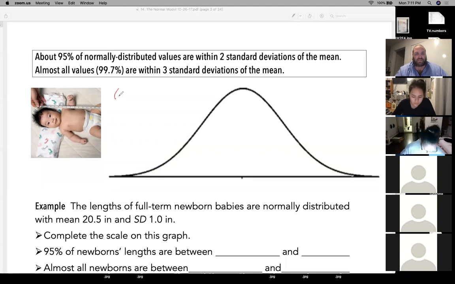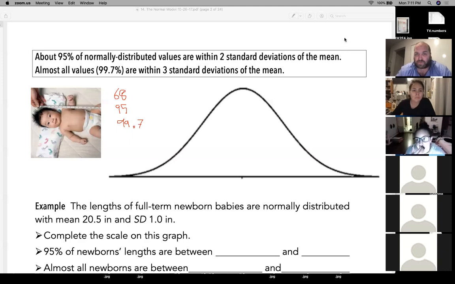They are 68, 95, and 99.7. These are the three numbers that deal with the normal distribution in a way that I will explain in just a second.